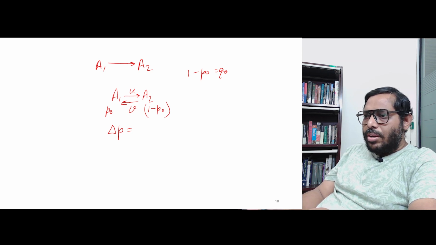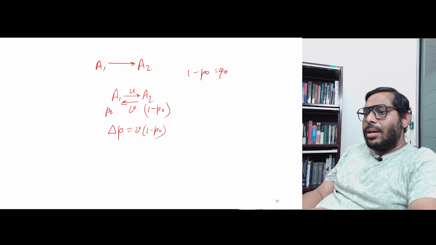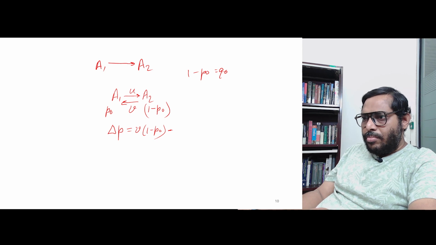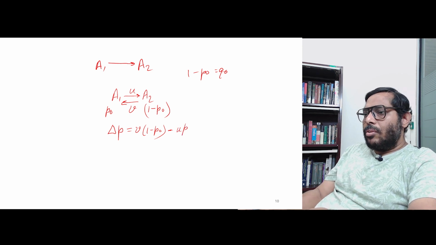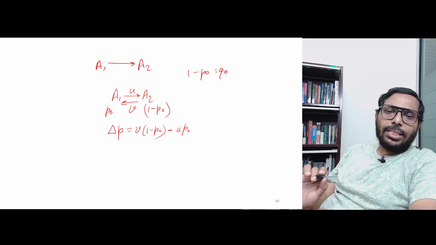So, A1 is being created at a rate v into 1 minus p naught, correct, and A1 is becoming not A1 at a rate u, multiplied by p naught at this point. So, this is the expression.